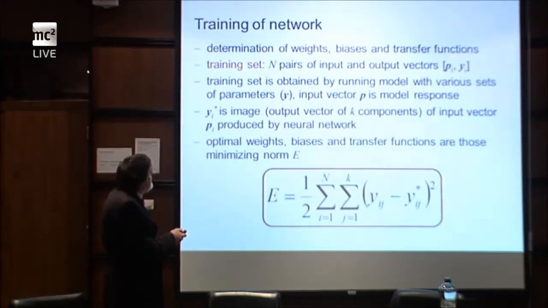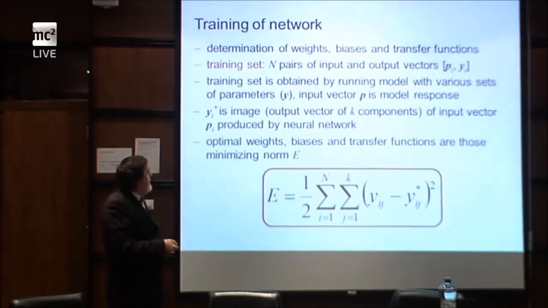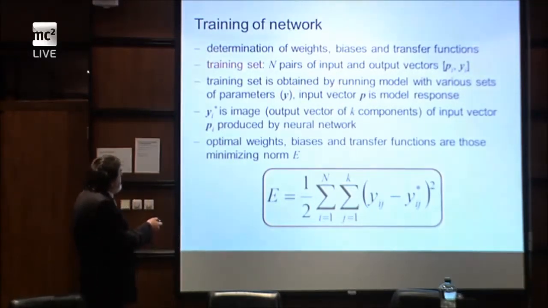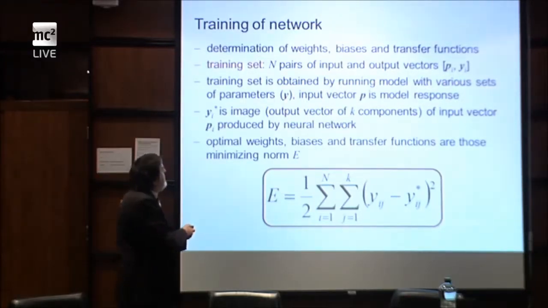As I mentioned, many engineering applications are based on approximation of some processes between input and output where the model is actually not known, right? In our case, we run the model with various sets of parameters y, and the input vector p is the model response, for example, structure response, load-deflection curve.